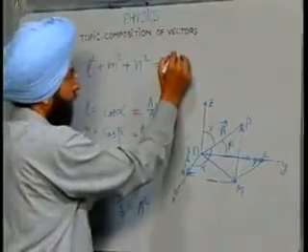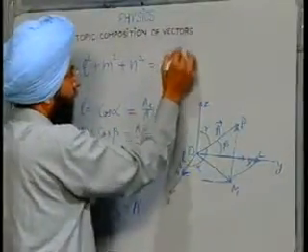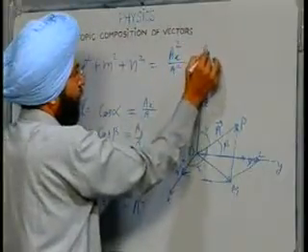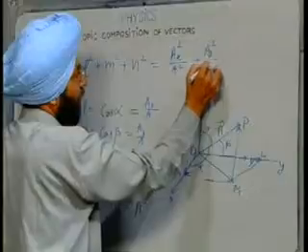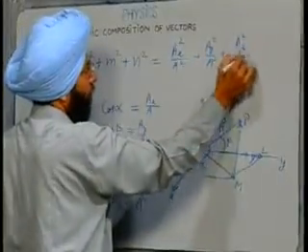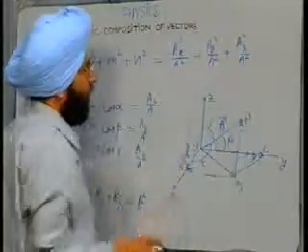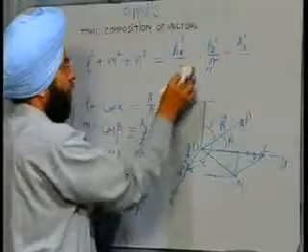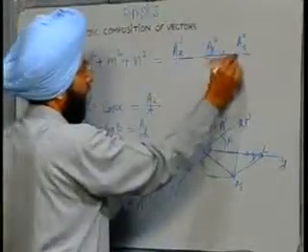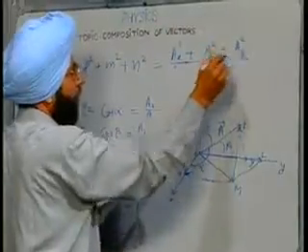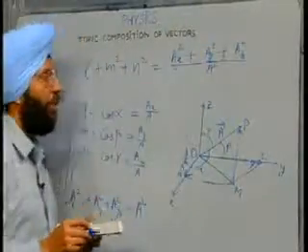We can write AX square over A square plus AY square over A square plus AZ square over A square. If we take A square as the LCM, we can write AX square plus AY square plus AZ square over A square.